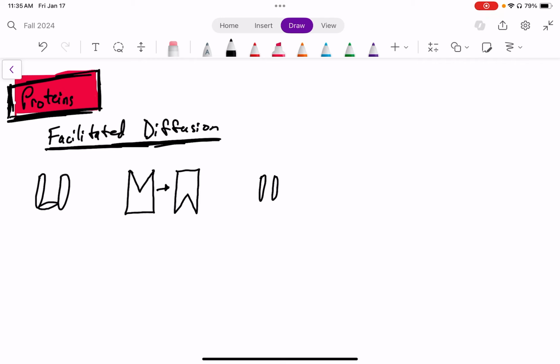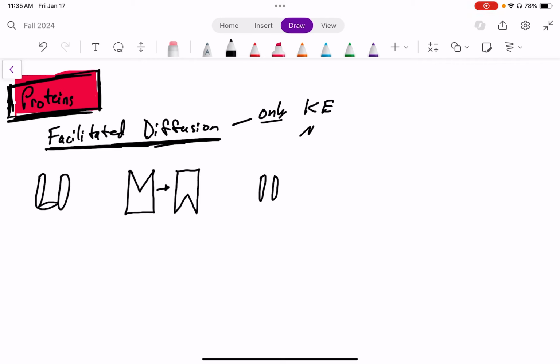The key here with facilitated diffusion is that there is only kinetic energy that's pushing the solutes through the cell membrane. That means that there's no energy that the cell itself needs to exert.